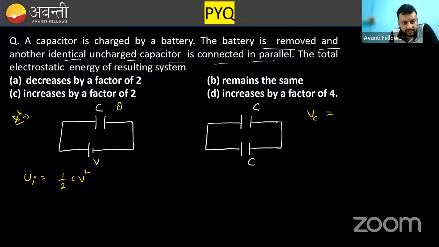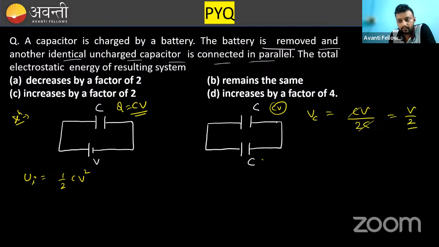The charge on this capacitor is CV, and this one is uncharged. So total charge is CV divided by total capacitance, C plus C, that is 2C. It can be cancelled, so that is V by 2. The new potential is V by 2, so each capacitor has a potential V by 2.